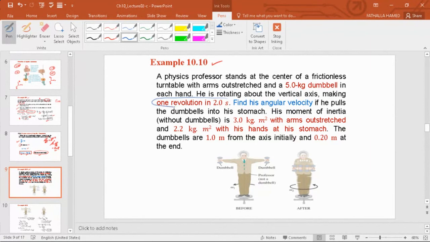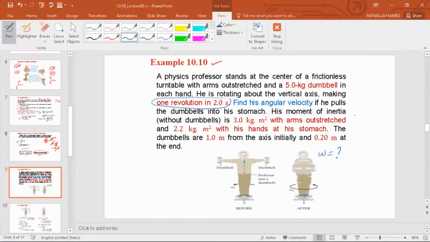So he makes 1 revolution every 2 seconds. Find his angular velocity if he pulls the dumbbells into his stomach. So we want the angular velocity here. It's equal to what?